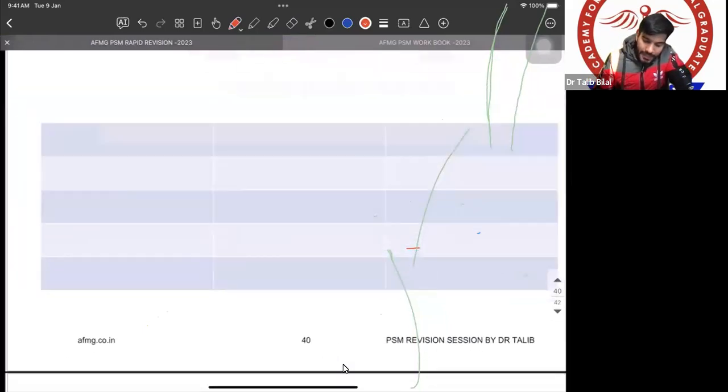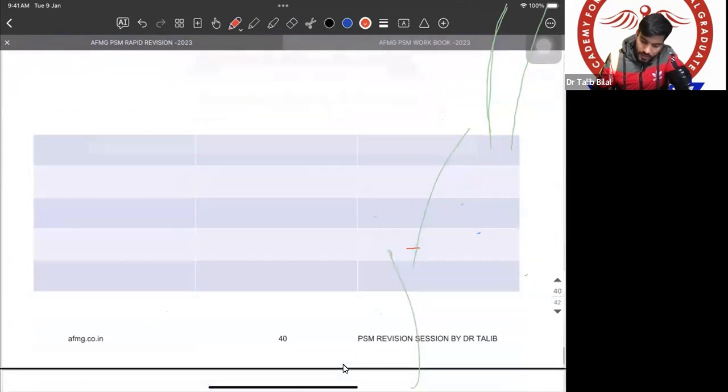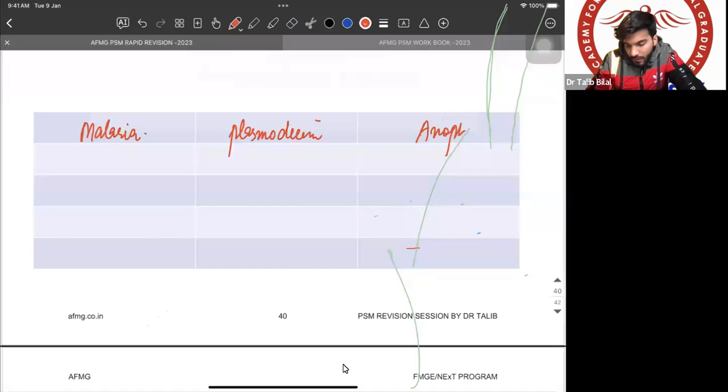Then malaria. What is the agent, guys? Plasmodium. And vector is Anopheles female. If I talk about rabies, which virus we have?